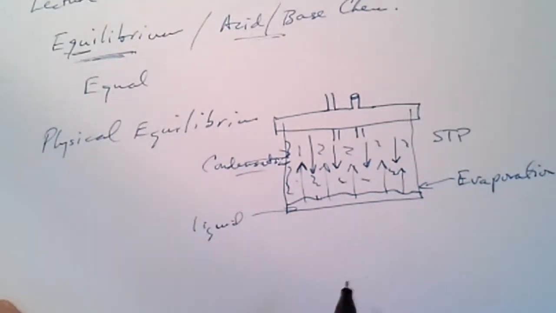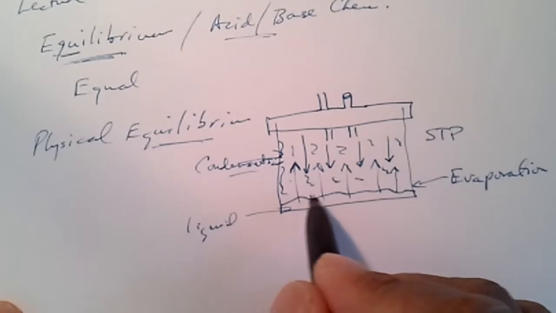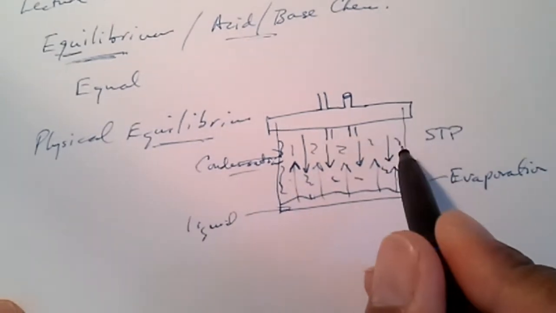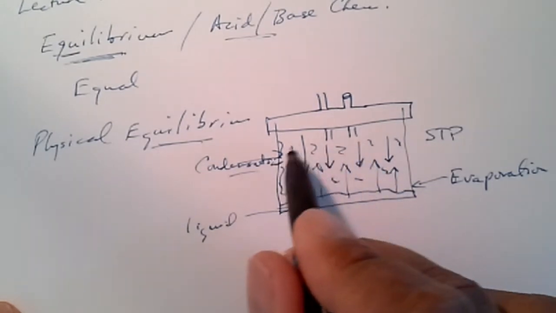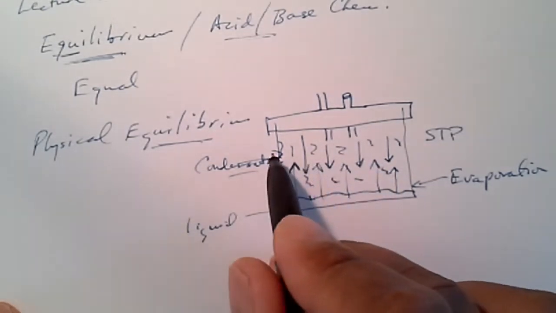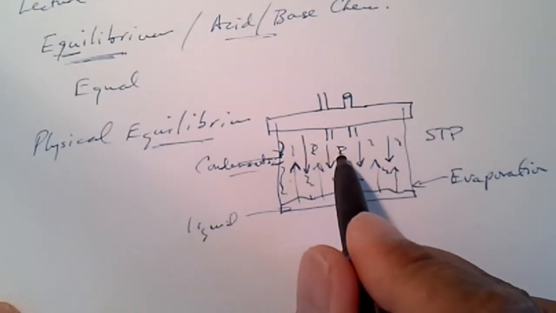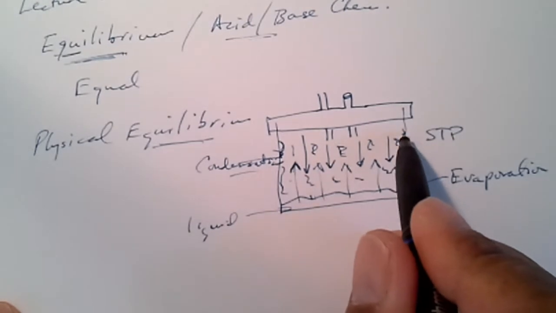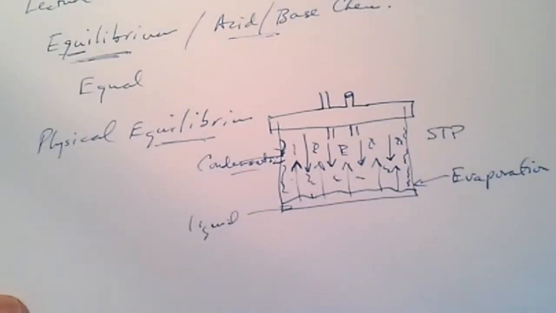So we have a physical equilibrium between the evaporation and the condensation. Of course, as the vapor gets higher in concentration in space, it will condense on the surface of the glass and kind of roll back down into the liquid.